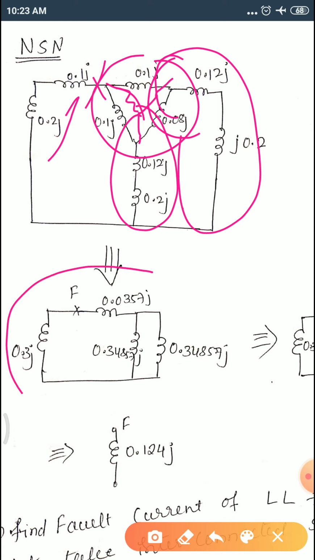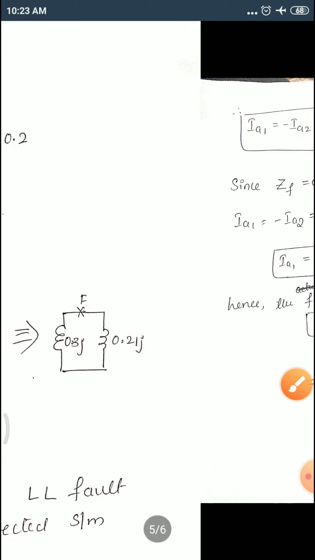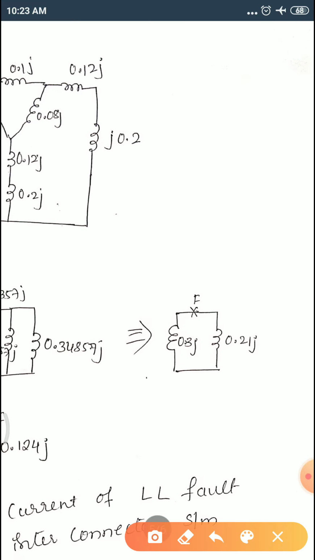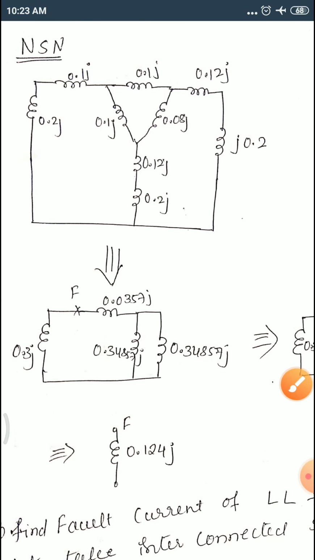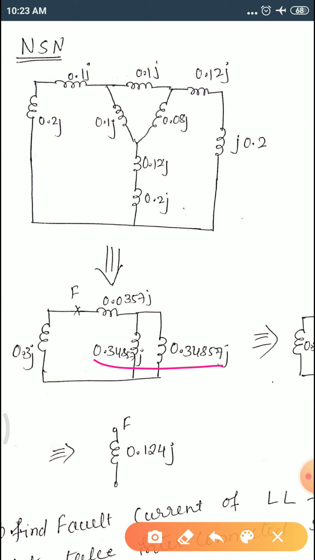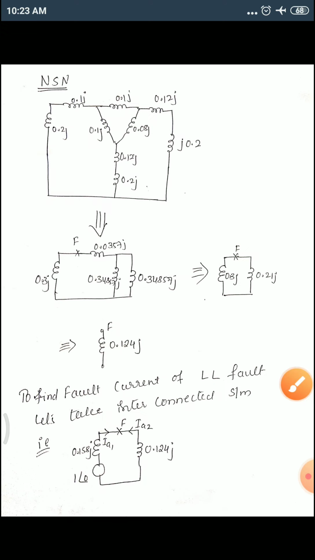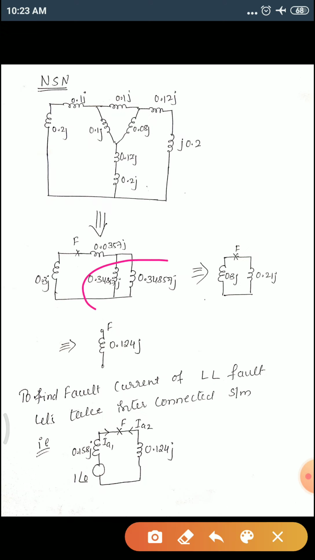So when you solve this, you get a simplified one in this way. Okay, these are the values. And next, if you further simplify, these two are in parallel combination. If you do this parallel combination, and the parallel combination along with this is in series, so directly we have taken. Calculate and check the value once again.